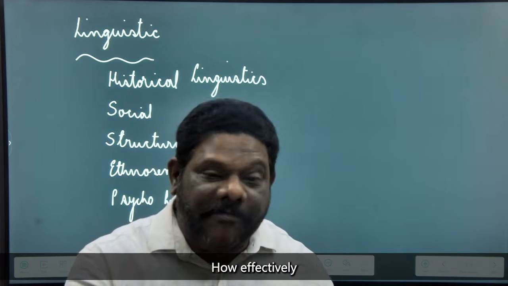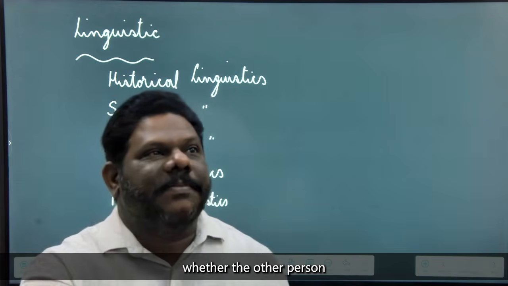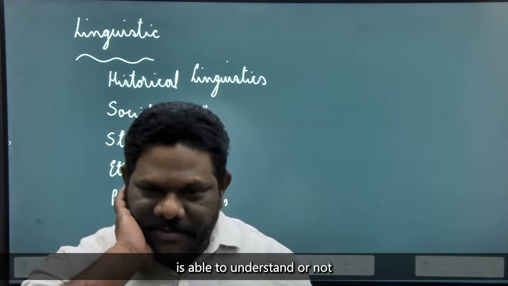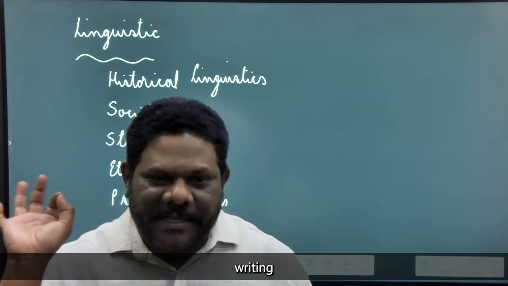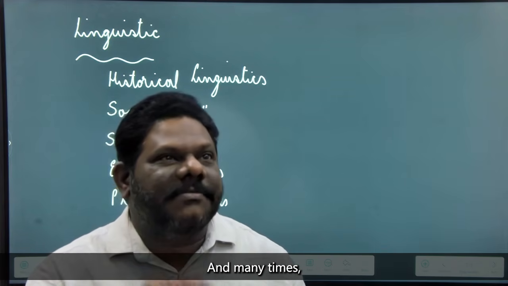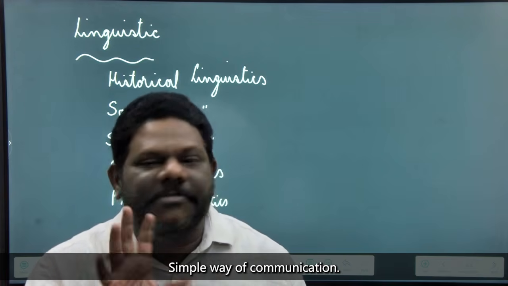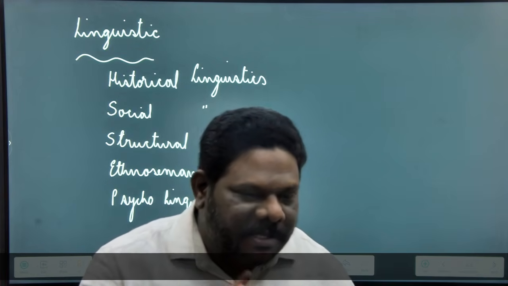What are the different ways of communication? Oral communication, how effectively you are speaking, whether the other person is able to understand or not. Writing, how effectively you are conveying things. Many a time, because of presumed notions, people forget the simple way of communication and go for a complex way.